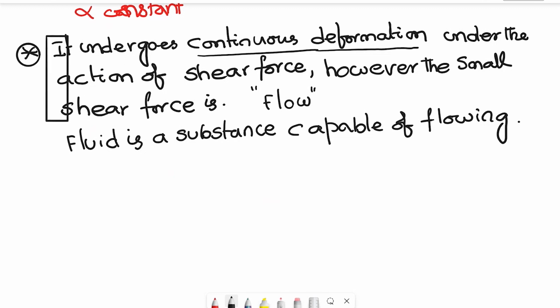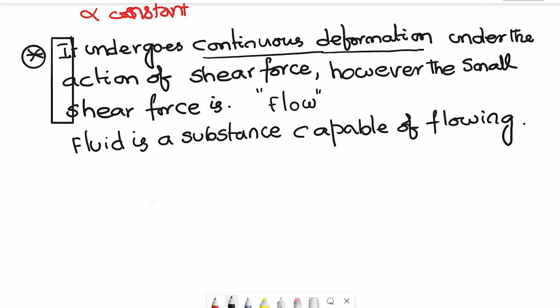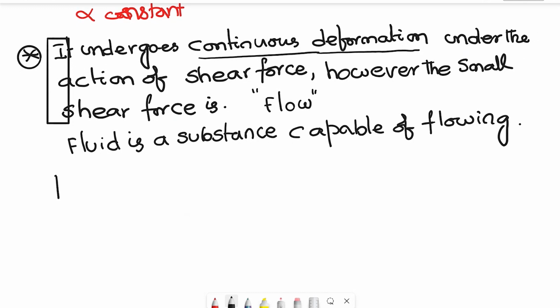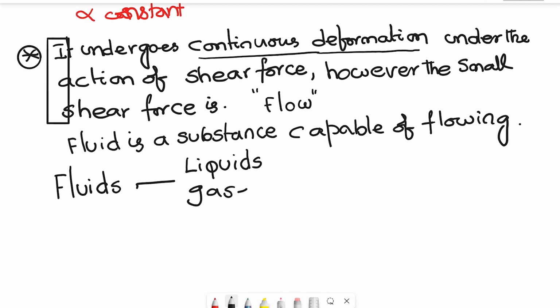Never forget this part, right? This is the fluid. And as already I mentioned, fluids means liquids and gases, both we call as fluids.